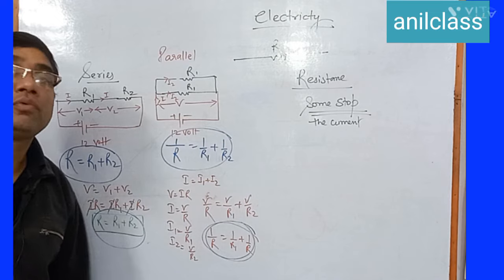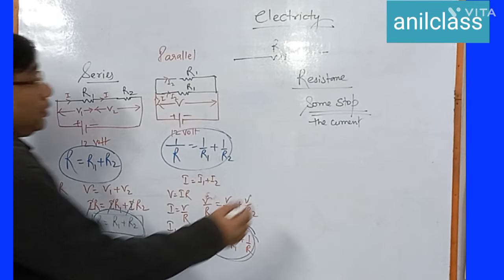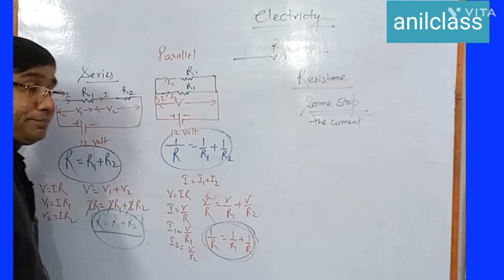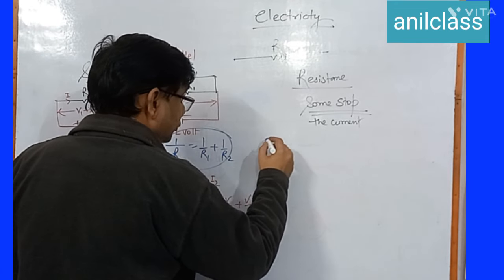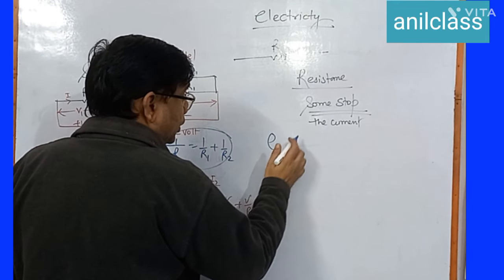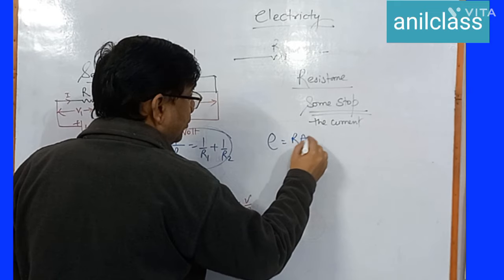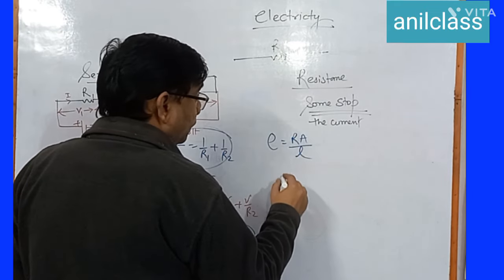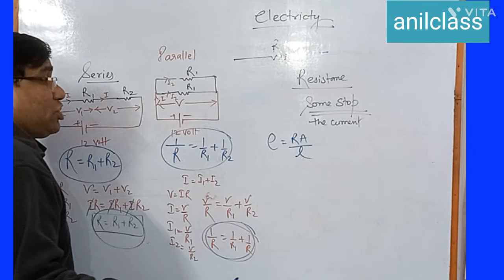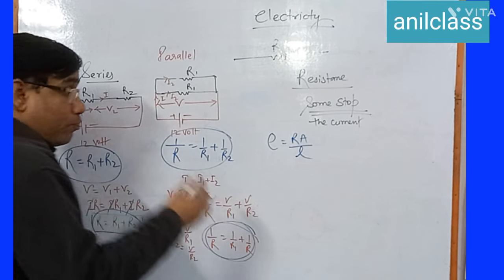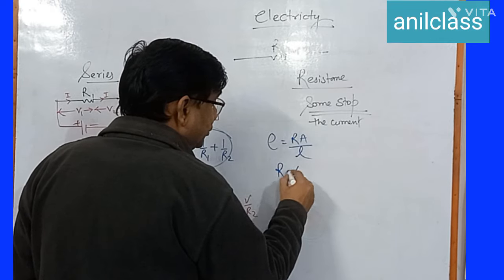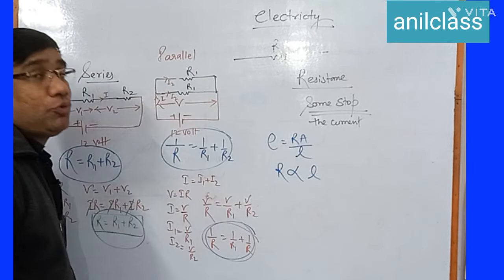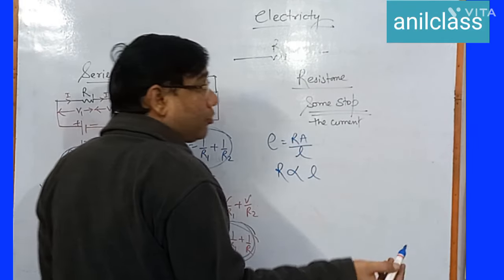Now further, resistivity, rho is equal to RA upon L, where you know that resistance is always proportional to length.